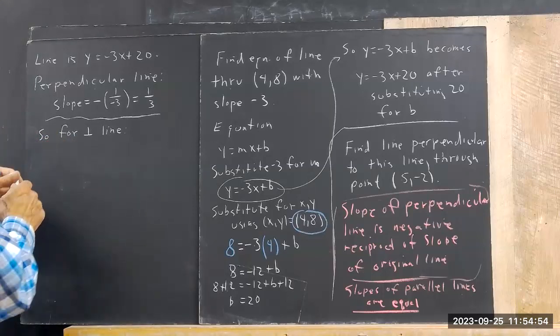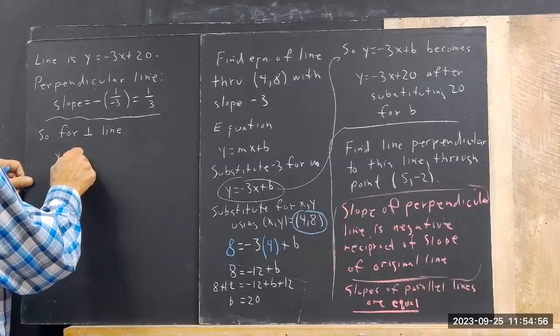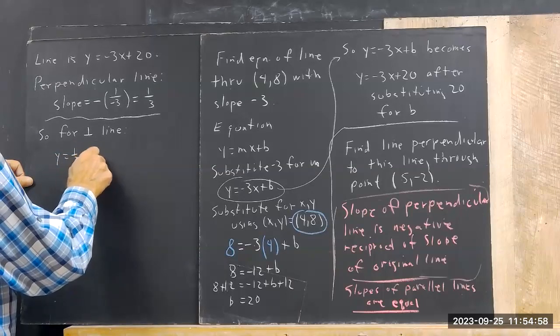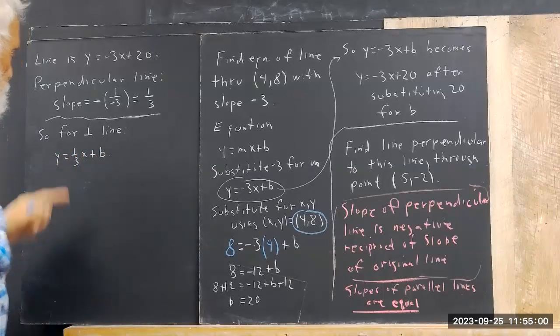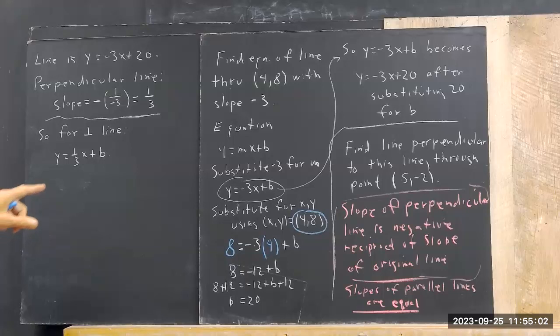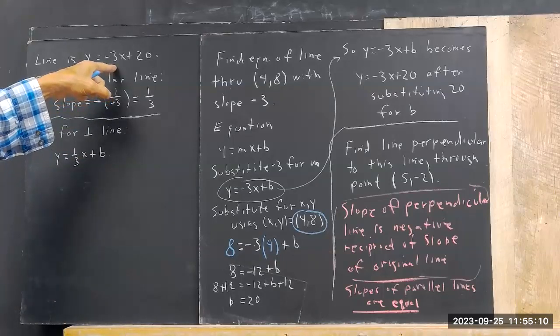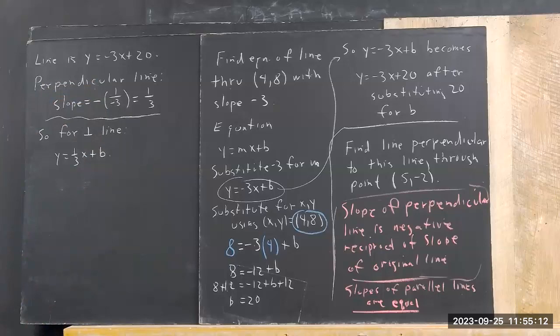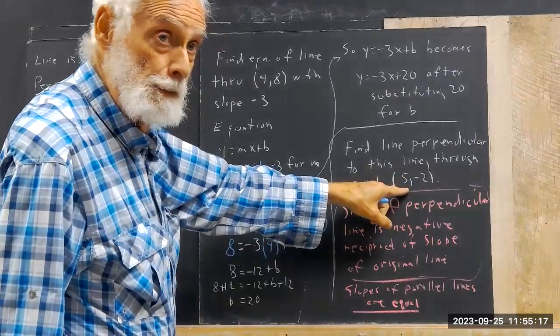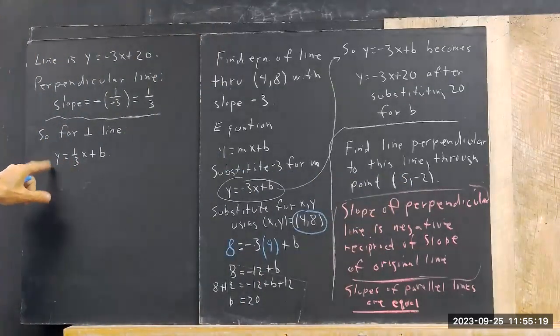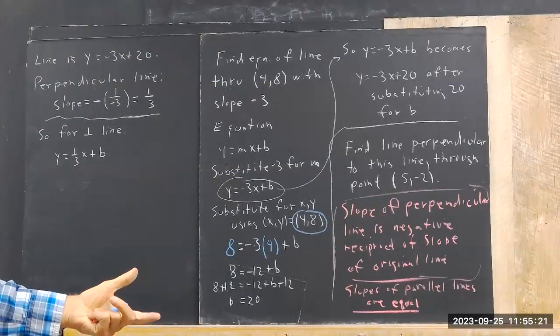So the perpendicular line, y equals 1/3 x plus b. So we're trying to find m and b. We easily find the slope if we know the equation of this line. It's the negative reciprocal of the slope. And now if you have a point on the line, you know x and y, and you just plug in.